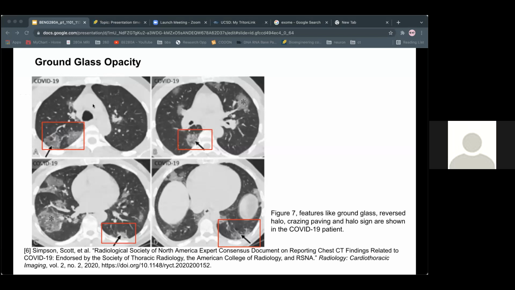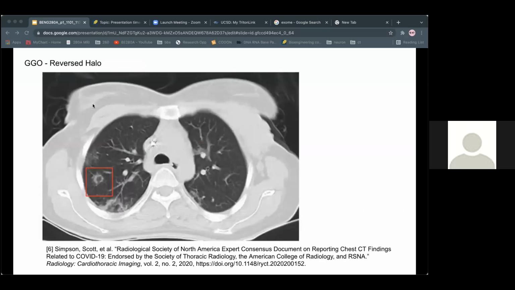It is where the air spaces become partially filled with fluid, gel, and inflammatory cells. Here is the reverse halo, which is a focal rounded area of ground glass opacity surrounded by a complete or near-complete ring of consolidation.